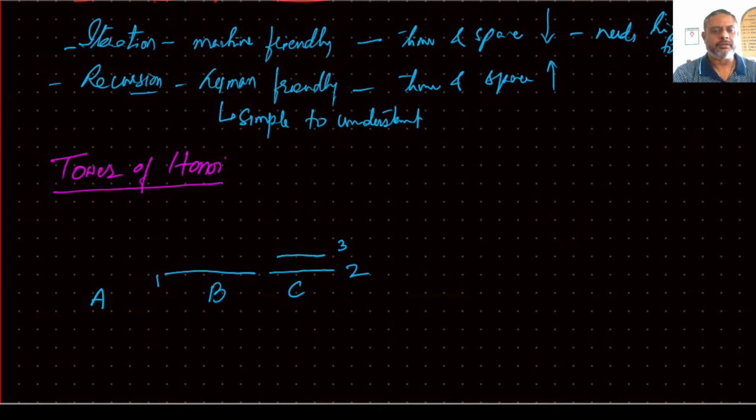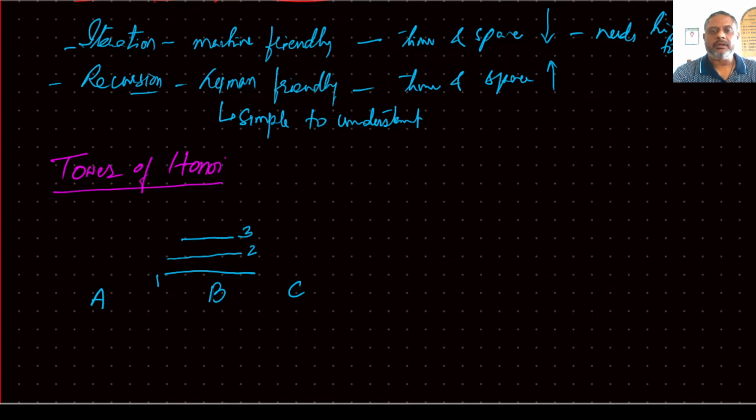Then shift 3 to A. Then keep 2 over 1 in B, and finally 3 over 2 in B. So we are done.